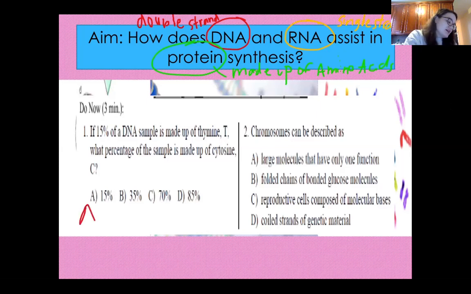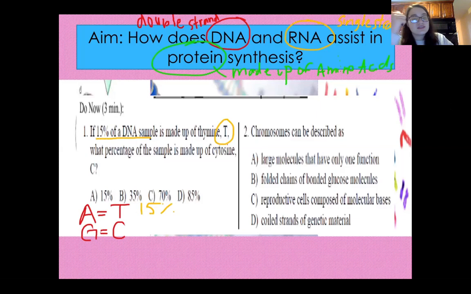And those bases are A, which always pairs with T, and G, which always pairs with C. So in this problem, we are told that 15% of that DNA is T. So next to T, I want you guys to write 15%. Now we know that T always pairs up with A. So if we have 15% of thymine, we're also going to have 15% of adenine.